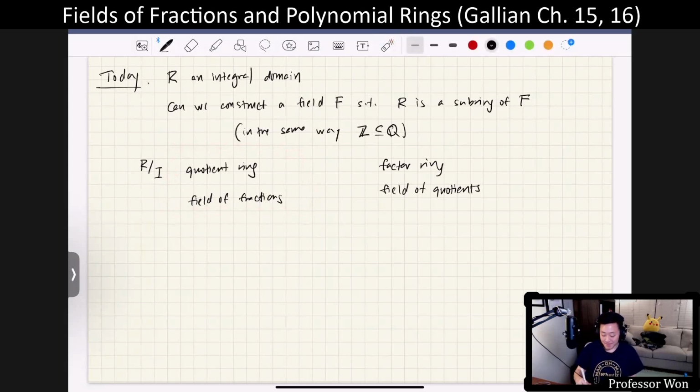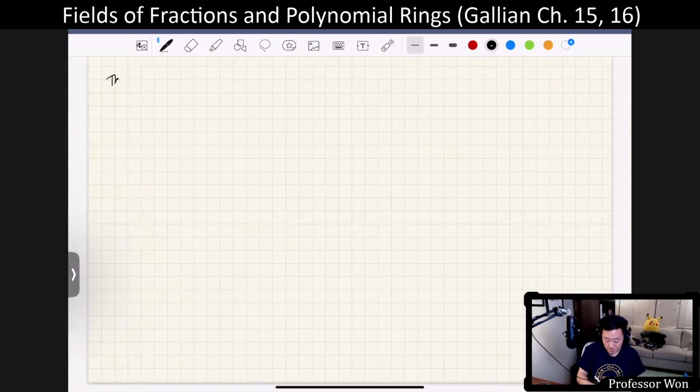Anyway, here's the big theorem, where we prove that the field of fractions exists, and we, in fact, explicitly construct it. So, existence of field of fractions. Okay, so the hypothesis is let R be an integral domain.